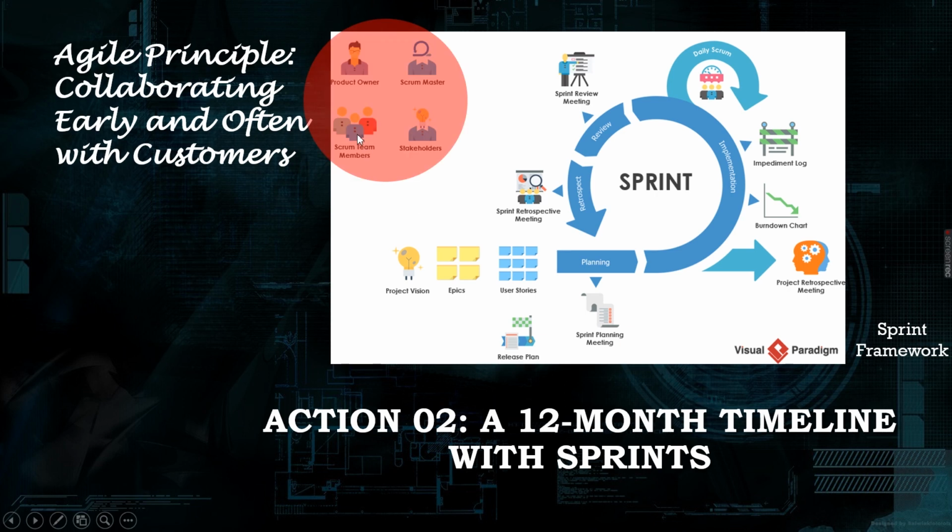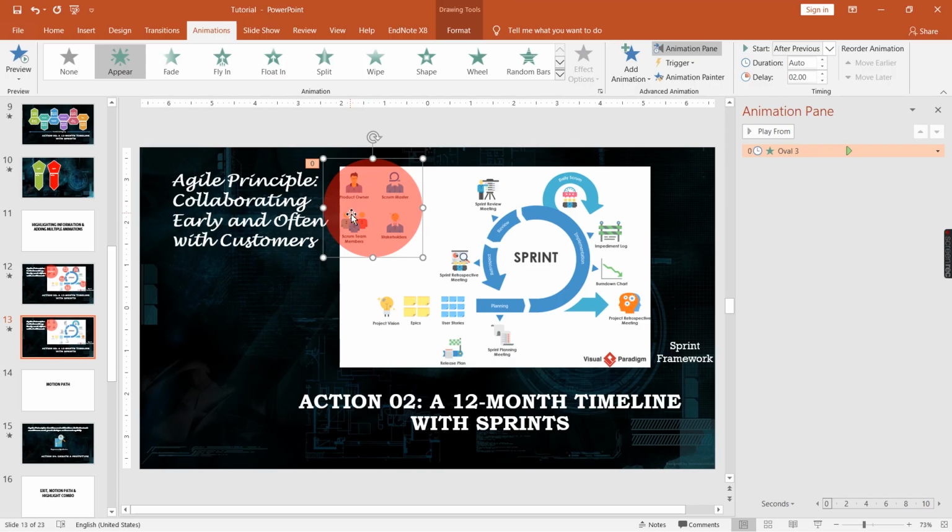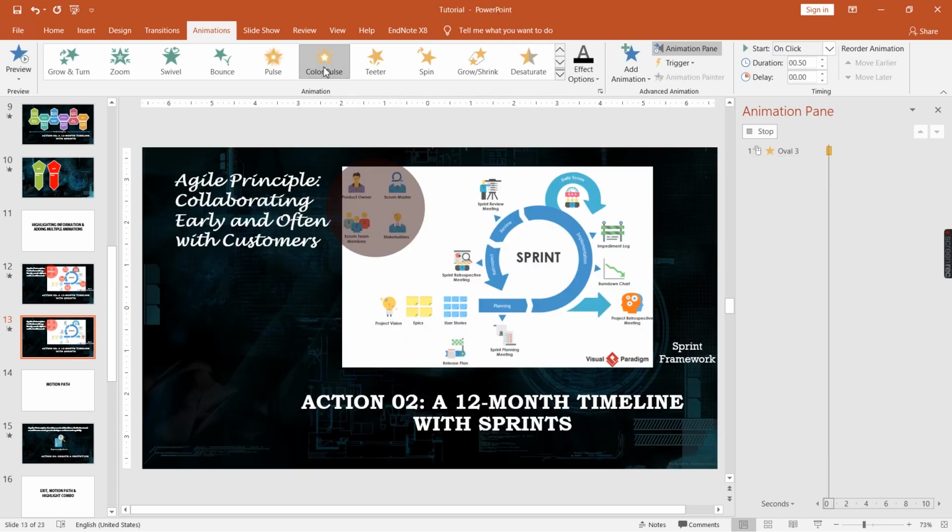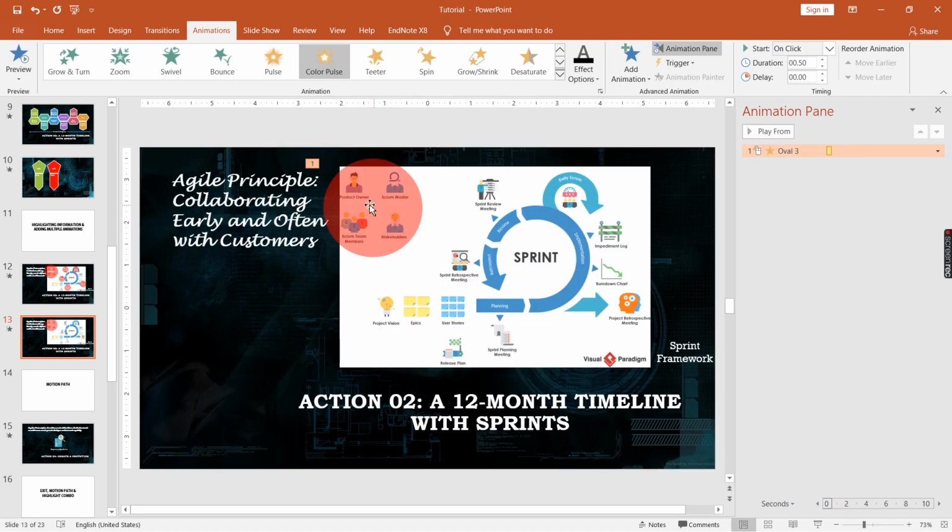And then I needed it to pulse. I needed the audience to look at that. So if I try to do a pulse straight from here, it will make this initial animation go away. It replaces it with this. This is what I don't want to happen. So Control Z to go back.